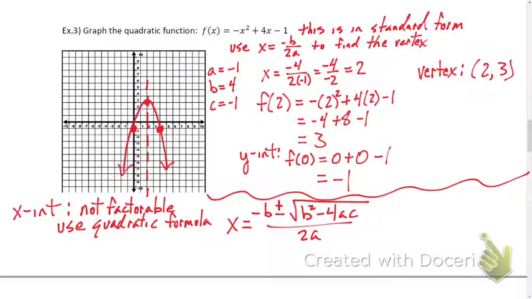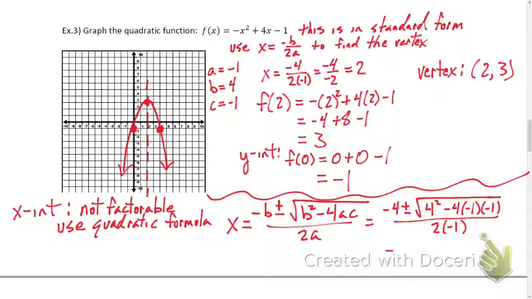And I have a, b, and c listed up there, so let's plug them in. I have a negative 4 plus or minus the square root of 4 squared minus 4 times negative 1 times negative 1, all over 2 times negative 1.